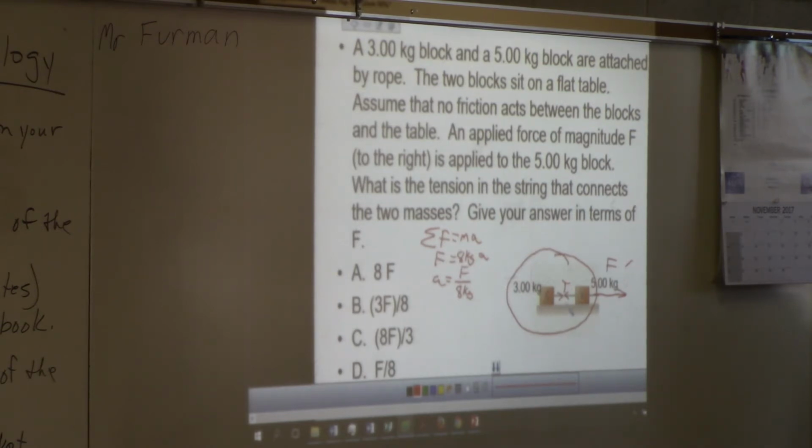Both of these blocks have the same acceleration. They're not attached via a bungee cord or anything weird like that. So for this entire system, a is F over M, the applied force over 8 kilograms. Now let's just look at my 3 kilogram mass. What's the net force acting on this 3 kilogram mass?